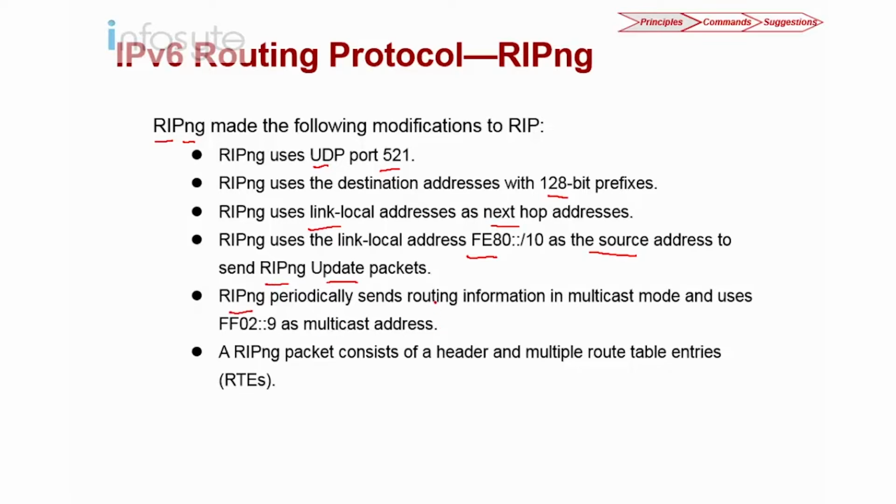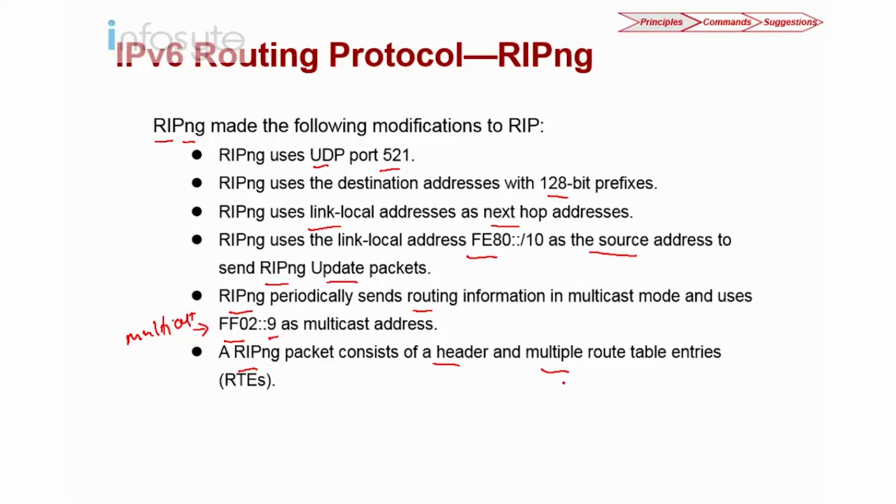RIPng periodically sends routing information using the multicast address FF02::9, which we explained earlier. A RIPng packet consists of a header and multiple routing entries.